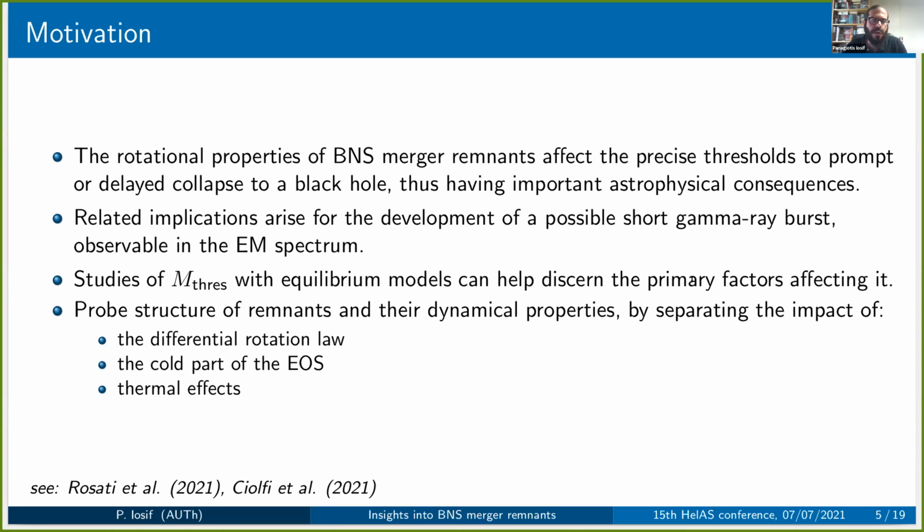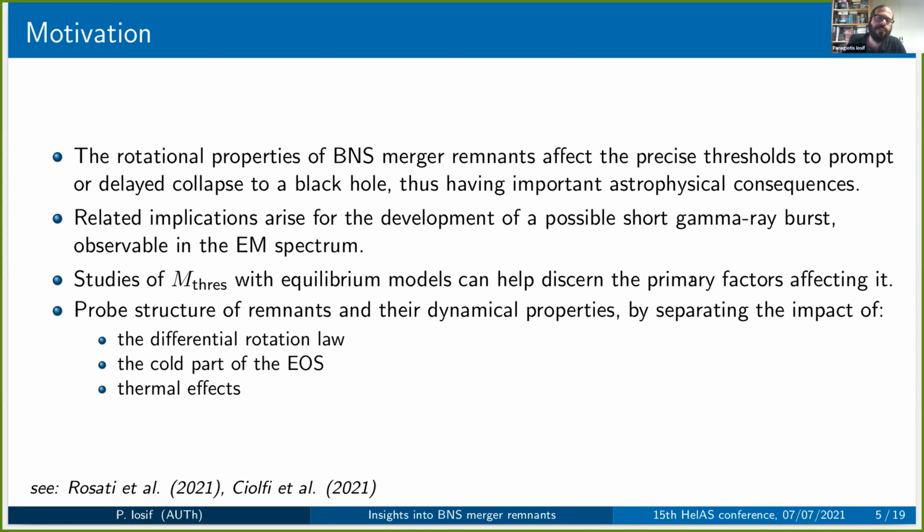For instance, it can have implications for the development of a possible short gamma ray burst observable in the electromagnetic spectrum, and future third-generation gravitational wave detectors working jointly with observatories and telescopes in the electromagnetic spectrum could go a long way to clarify these issues.